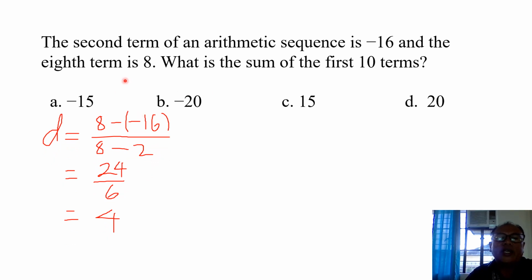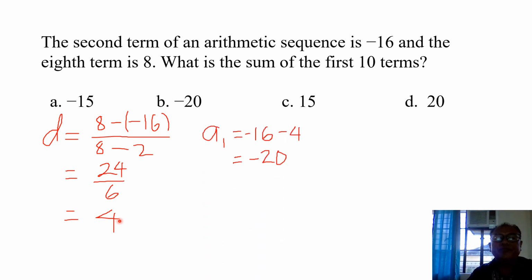The eighth term is negative 8 and the second term is negative 16, so that is negative 8 minus negative 16, over 8 minus 2. Simplifying, we have 24 divided by 6, and that is equivalent to 4.